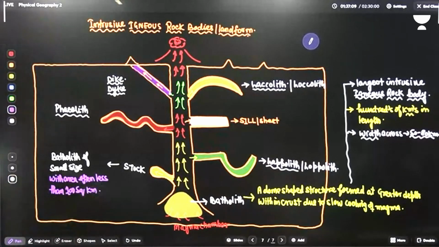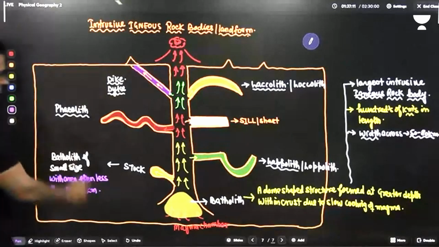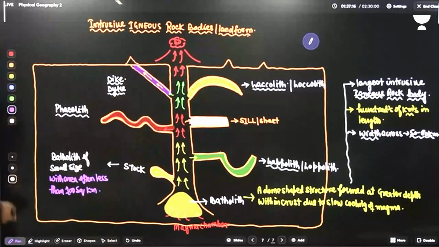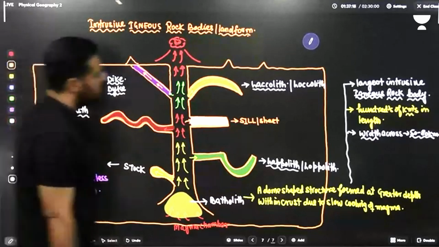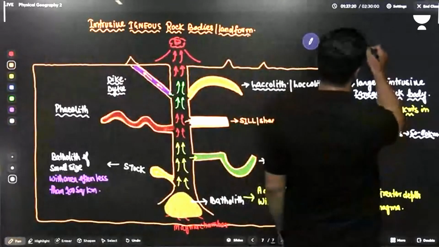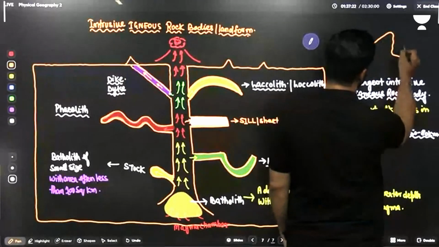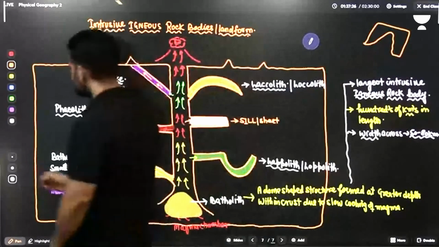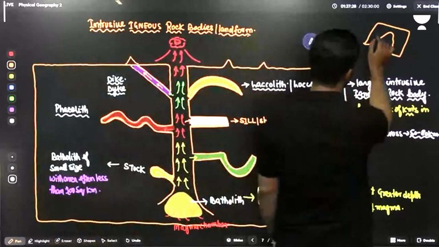With area often less than 100 square kilometer. ये जरूरी यहाँ नहीं है. It can form anywhere. I will tell you one more important characteristics of it. Assume ये कोई rock है.